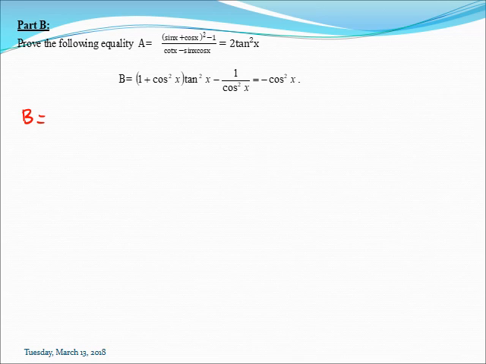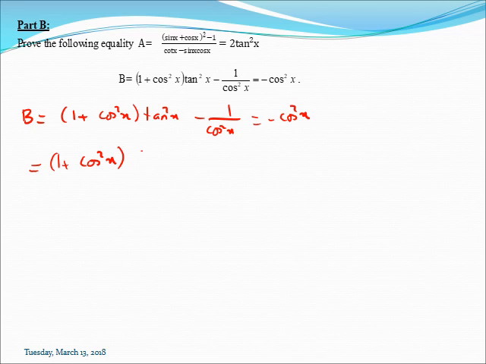B equals 1 plus cosine square x tangent square x minus 1 over cosine square x. Tangent square is sine square over cosine square x.